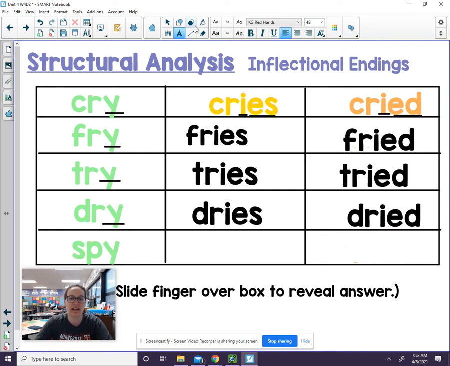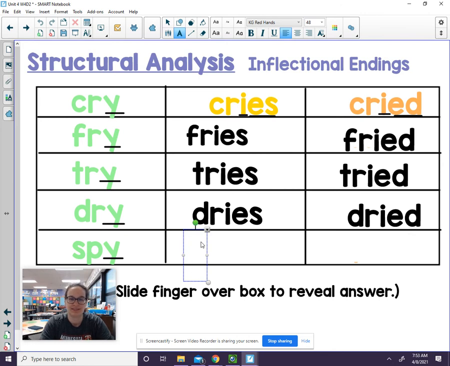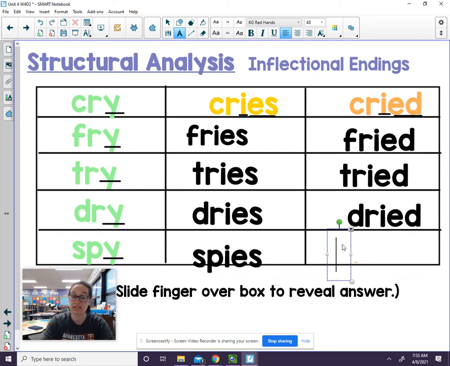Okay, here's our last one, spy. Okay, so we're going to make spy into spies. So help me out. How would I write that? S-P-I-E-S. Remember, we change Y to I. And then the last one would be spied.